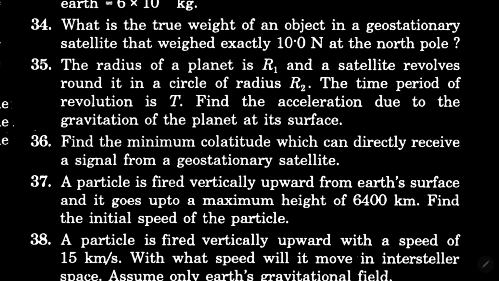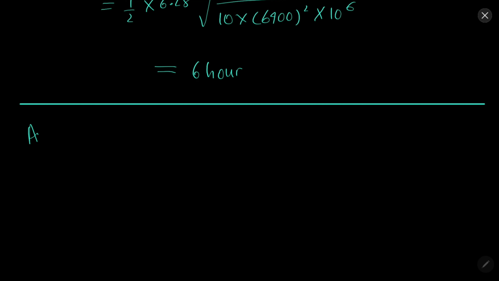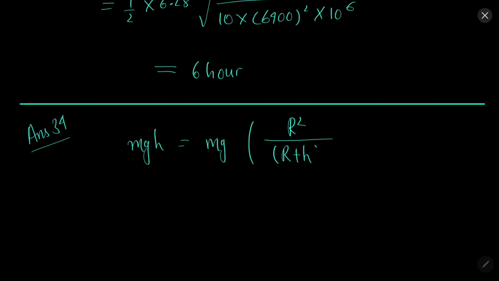In question 34, what is the true weight of an object in a geostationary satellite? So solution 34. So mg h equals mg R square over r plus h whole square.